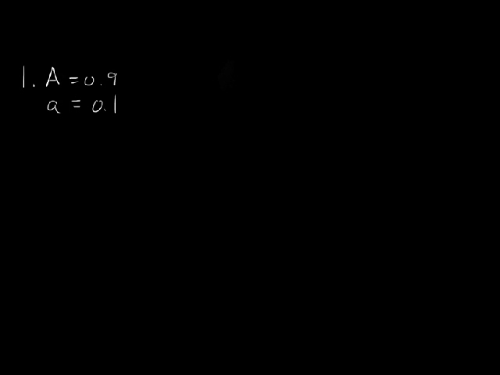Now, if you remember in our Hardy-Weinberg equation, p is going to be for the dominant allele, so this is already p, and q is going to be the recessive allele, which is the little a. So immediately, we already know what the p and q is going to be. So p is going to equal 0.9, q is going to equal 0.1.